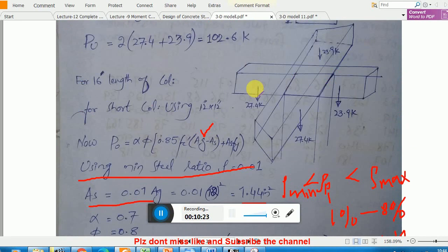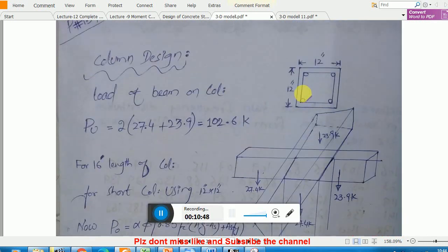Let's say 1.44 divided by 0.2 equals 7.2. Okay, so that is not enough.